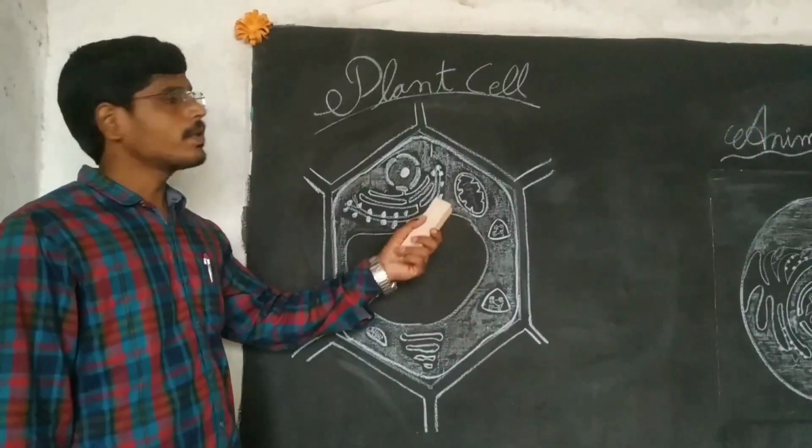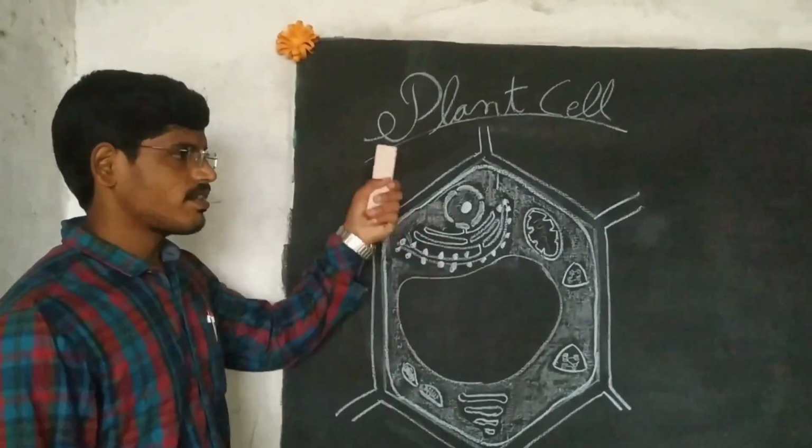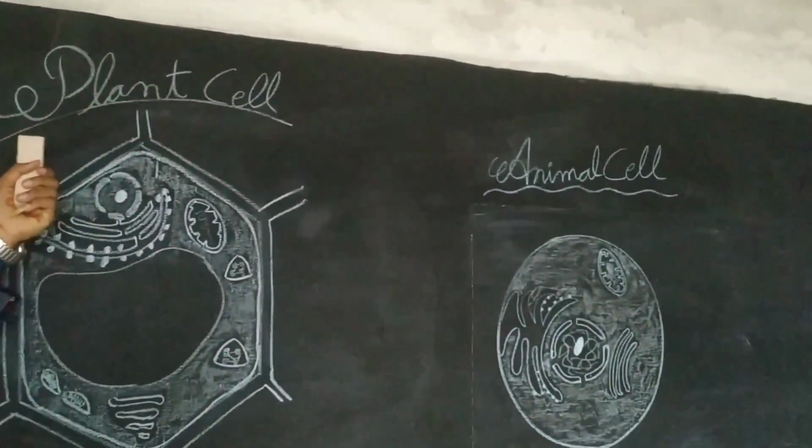Let's start today's topic, types of cells. There are two types of cells. First one is plant cell and the second one is animal cell.